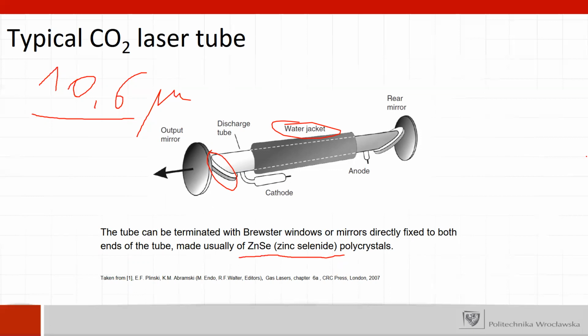It might be also germanium, but in most cases zinc selenide. These are materials that have a high transmission in the infrared. So if we would put just silica glass, this wouldn't work. The tube can be made of any kind of glass, but the windows need to ensure the transmission. And of course, the anode and cathode.